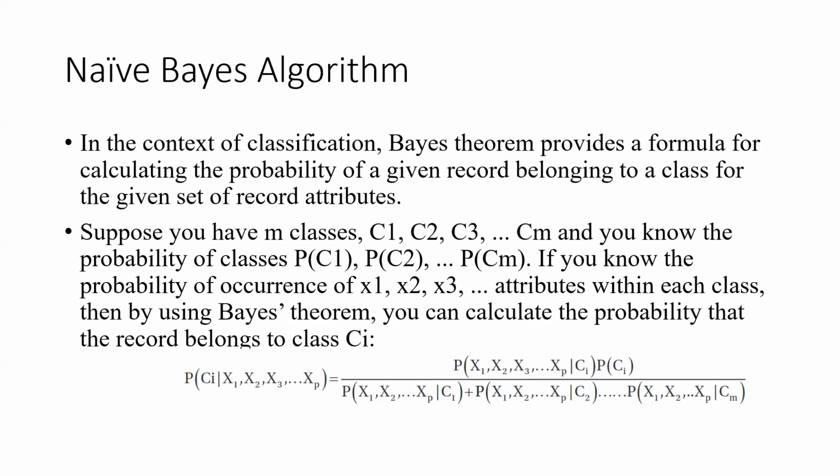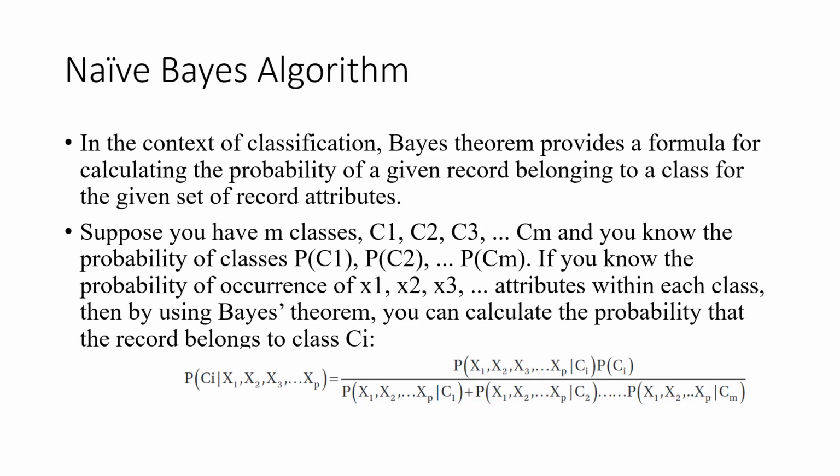So you have the probability of C1, probability of C2, up to Cm. If you know the probability of the occurrence, we have a vector of S1, S2, S3 within a class. By using Bayes theorem, you can calculate the probability that the record belongs to a particular class, whether C1, C2, C3.